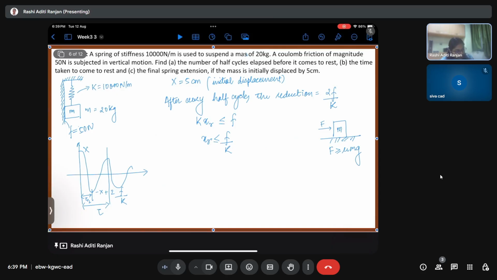If you remember, x_r was nothing but the initial displacement minus, for every half cycle, a reduction of 2F by K. And likewise, there are r half cycles, so this will be into r. Okay, so we have x_r, sorry, this one: X minus twice of rF by K is less than or equal to F by K.